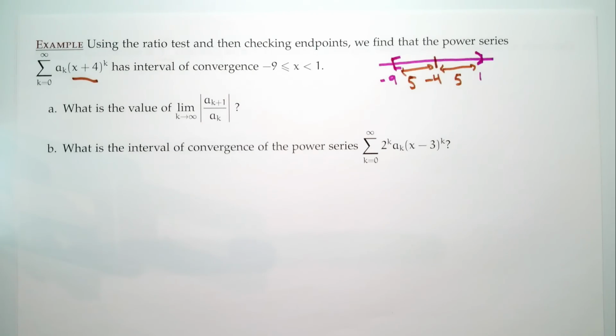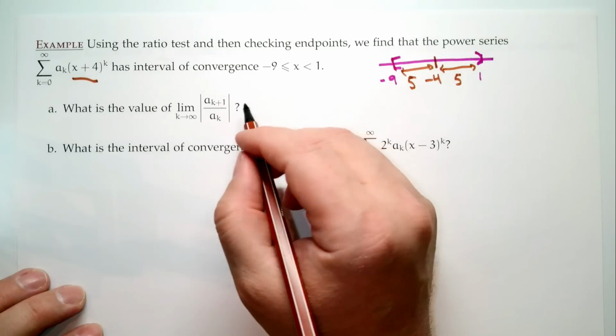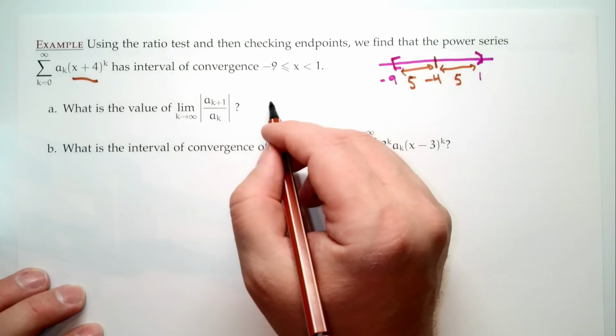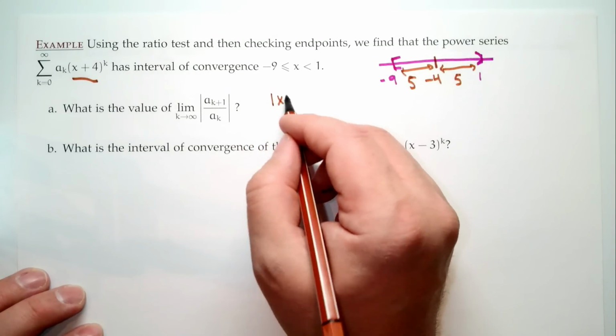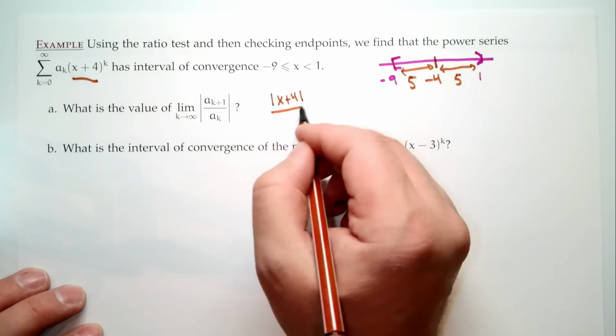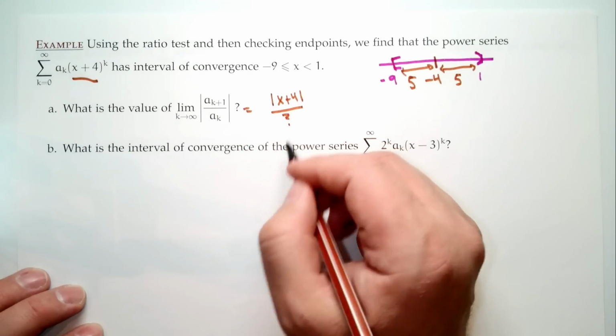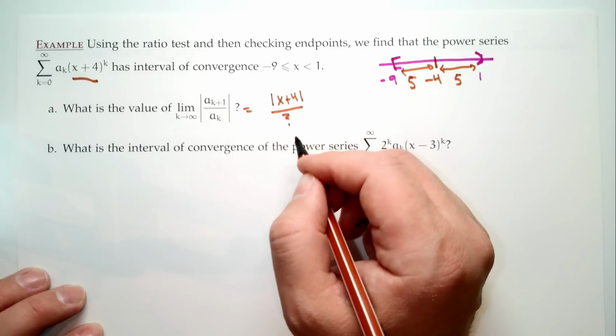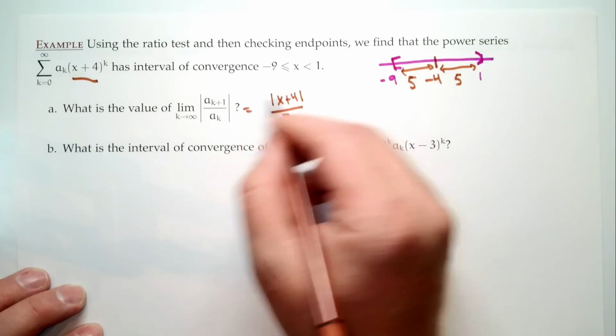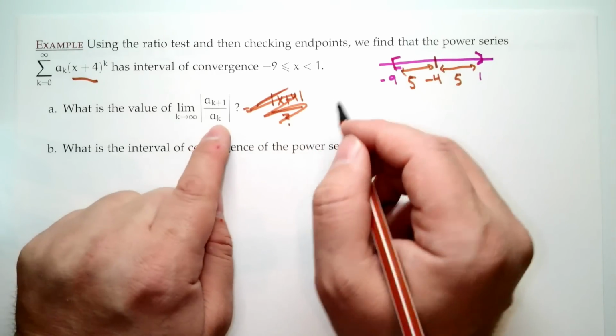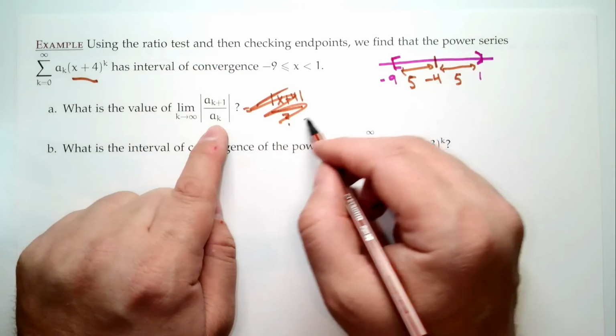Well, if we think about what we want here, this limit, whatever it is, it's going to be absolute value of x plus 4 over something. Oh, sorry, let's be careful here. If I were finding the radius of convergence here, what would I do?